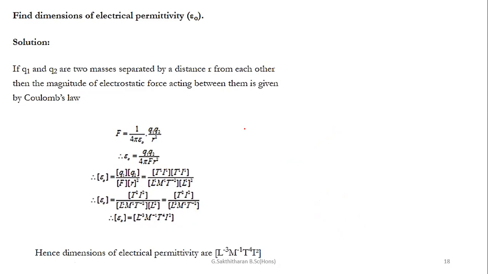Another constant is electrical permittivity. So here F is force, Q1 and Q2 are charges and R is a length, the distance between these charges.